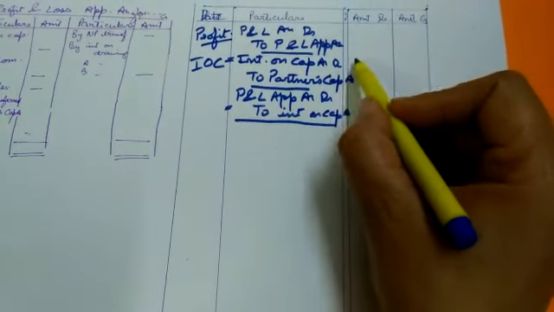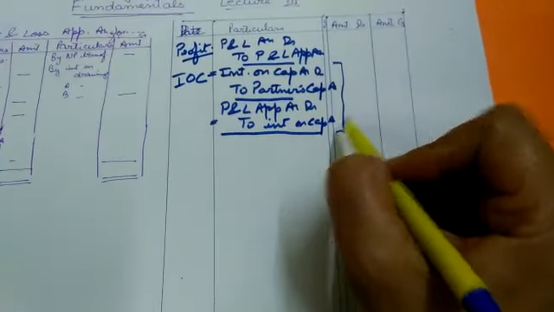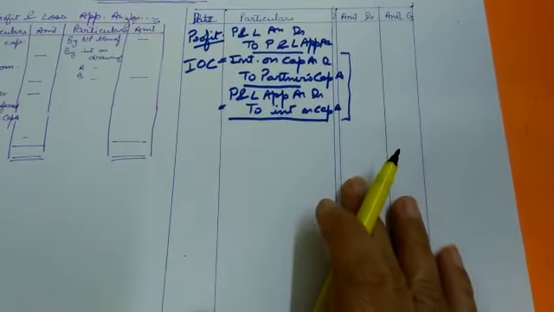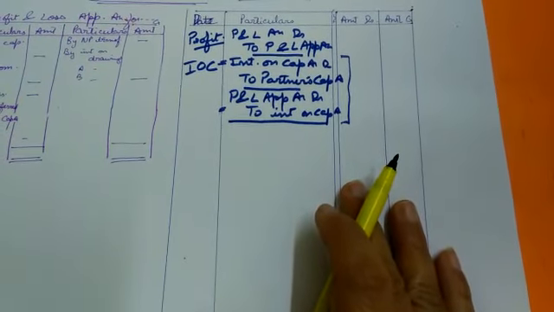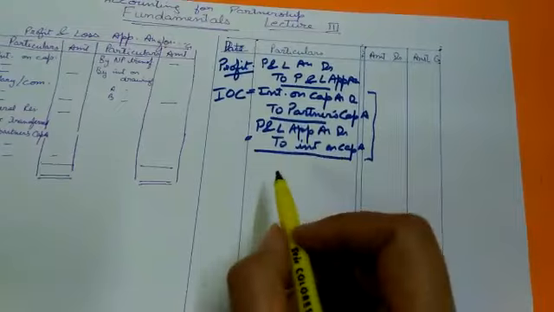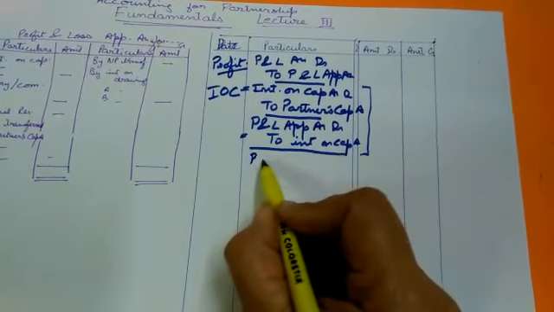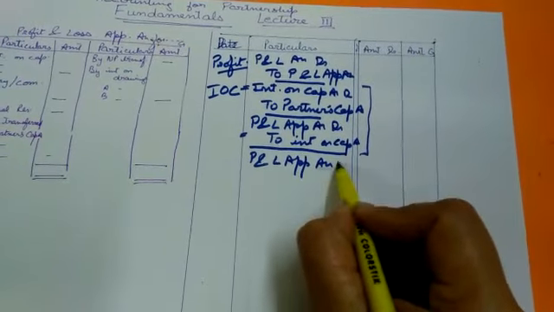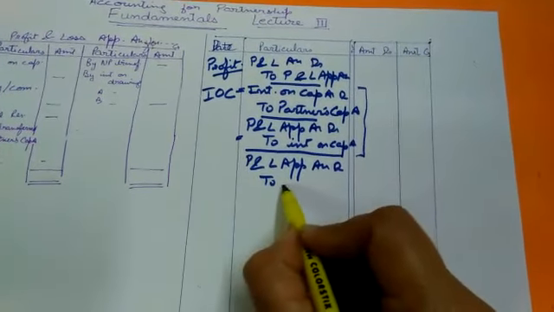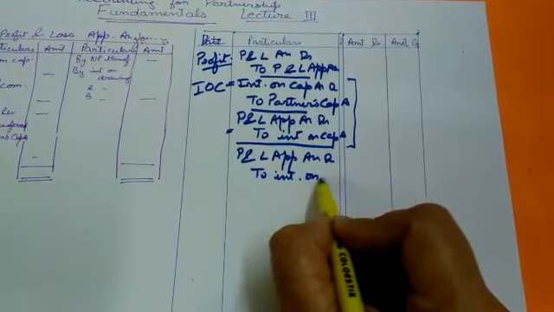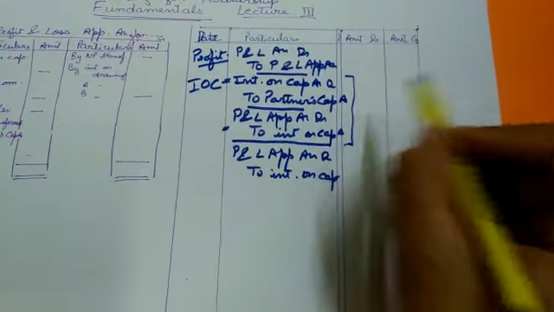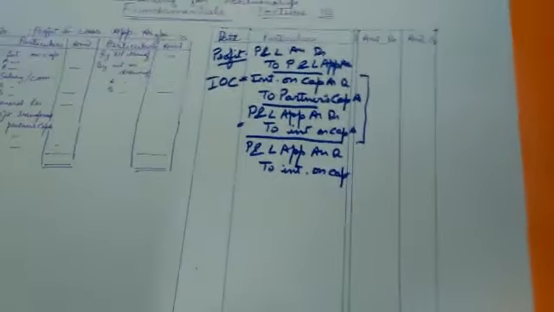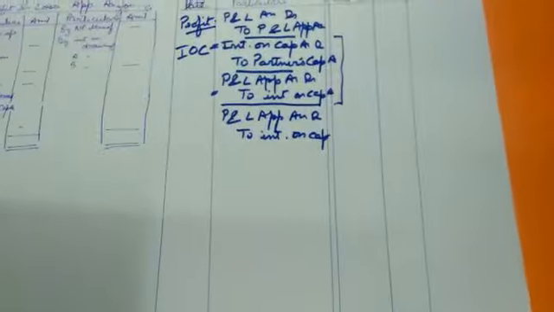In place of passing these two journal entries, you can pass one single journal entry, that is profit and loss appropriation account debited to interest on capital. So these two entries can be passed, or in place of it, one single journal entry can be passed.